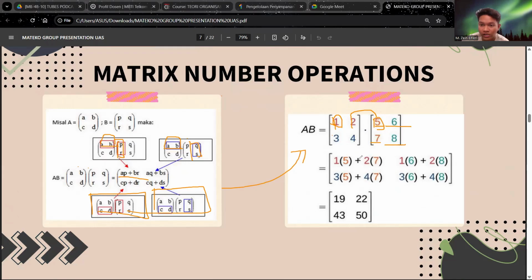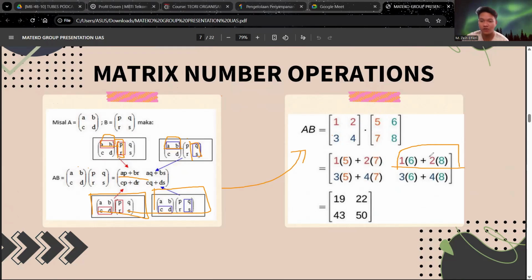Then we add plus here. Then 2 times 7 like this. Okay, where is this? So we are not confused. And also 1 times 6 plus 2 times 8.